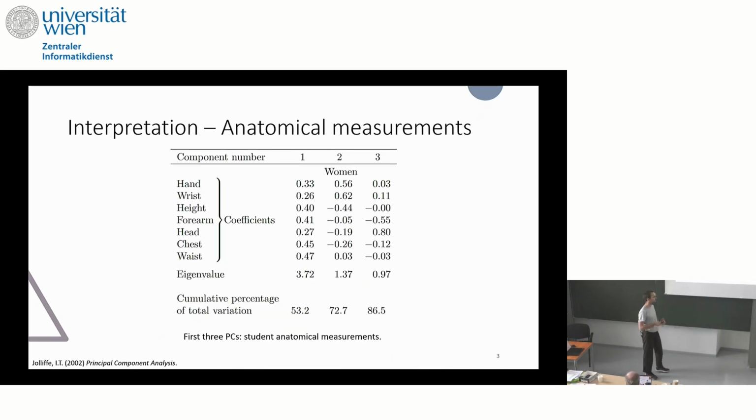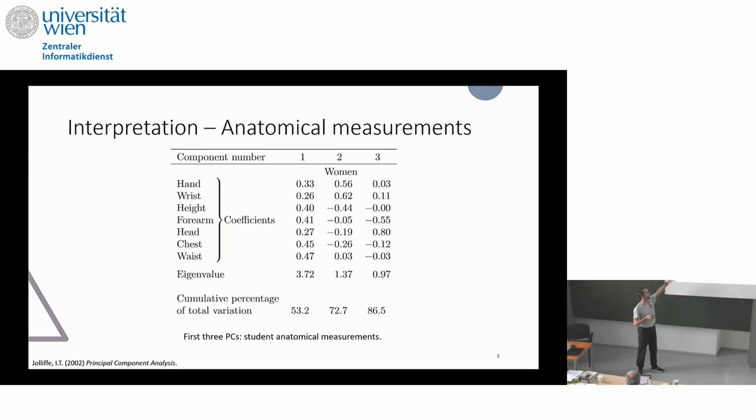There is actually a whole chapter dedicated in the reference book from Jolliffe on the interpretation of principal components. I'm not an applied scientist myself, so what I'm going to say is to be taken with a pinch of salt, but let's consider a few examples. In this example from Jolliffe's book, he considers a data set of morphological anatomical measurements from a class of students.